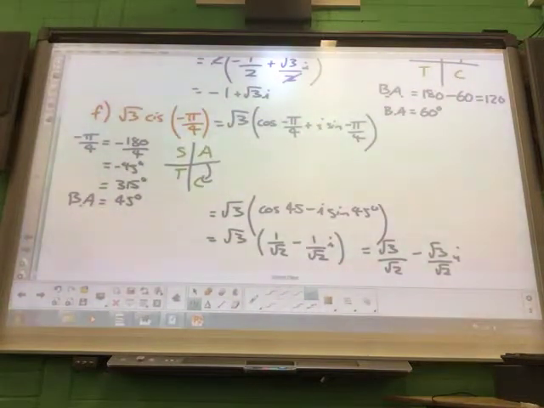And I probably should represent that with a rational denominator, so multiply top and bottom by root 2.